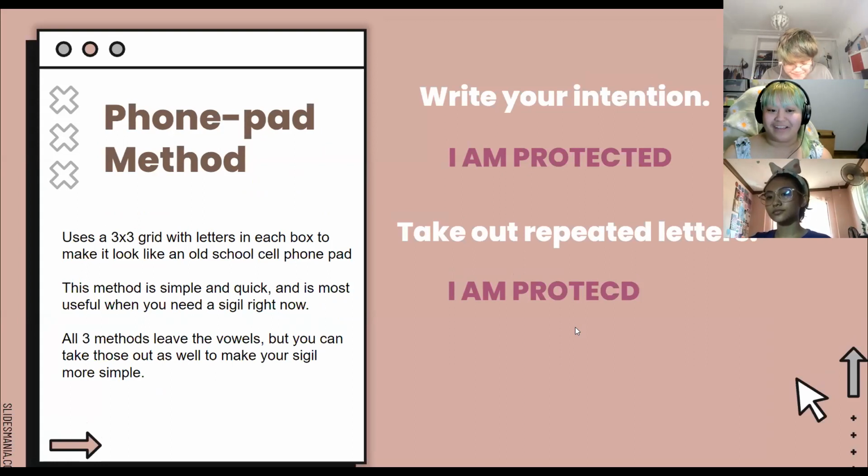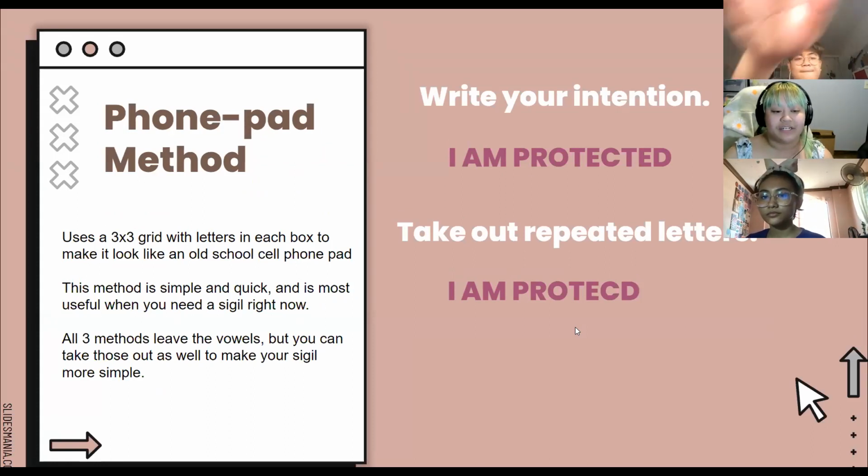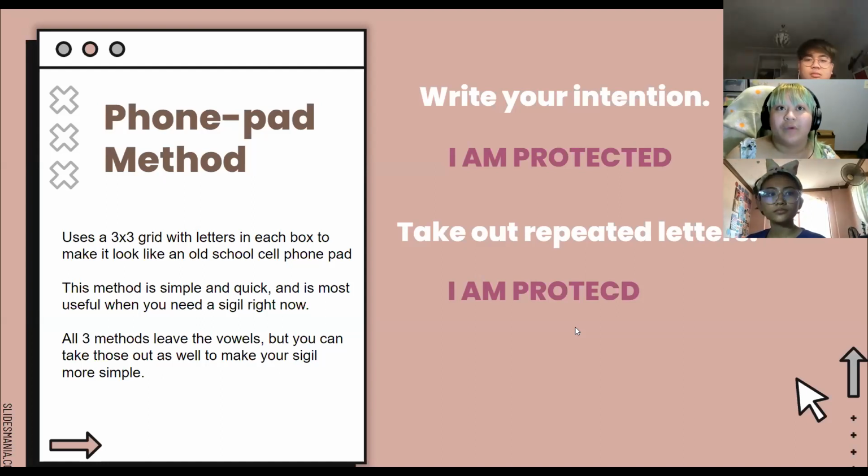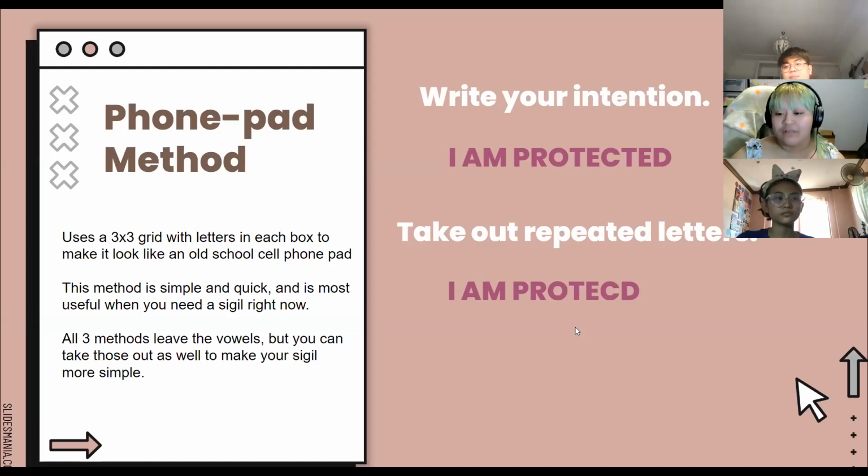You need to make it immediately. All of the three methods that I'm going to show leave in the vowels in your intention. There are methods where they suggest that you take out the vowels to make it more simple, but it's really however you want to make it. You can leave them in or leave them out, whatever you want.